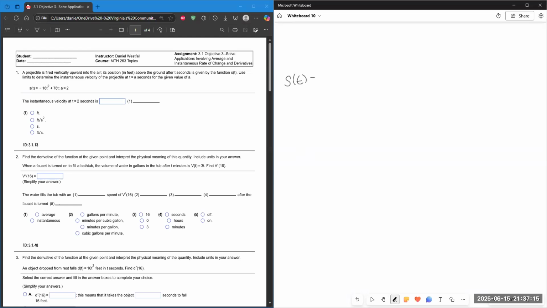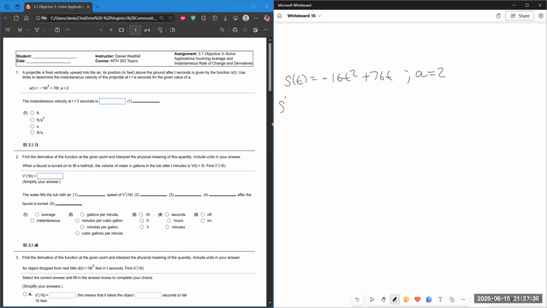So s of t is our position formula, negative 16t squared plus 76t, and our a equals 2, meaning we're approaching 2 seconds here.